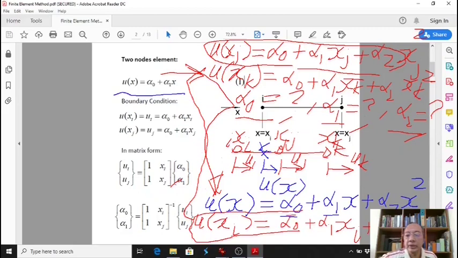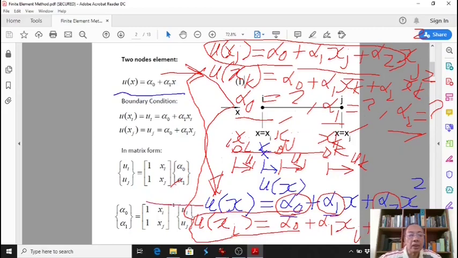So we need to substitute here alpha 0, alpha 1, x, and alpha 2. After we substitute to this term, alpha 0 and alpha 1 x plus this, the next step is as just now.